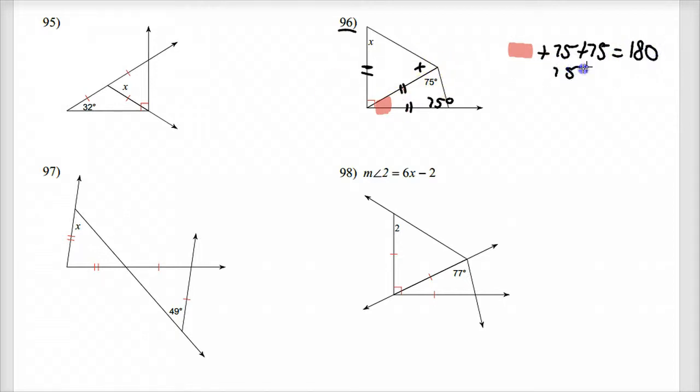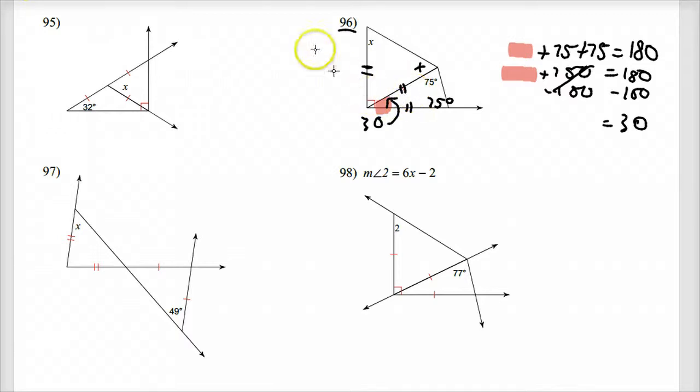So I'd be like 150 plus that red. So now this is pretty cool. If I subtract 150 from both sides, then I got that red is equal to 30. So right in there, that's 30 degrees.